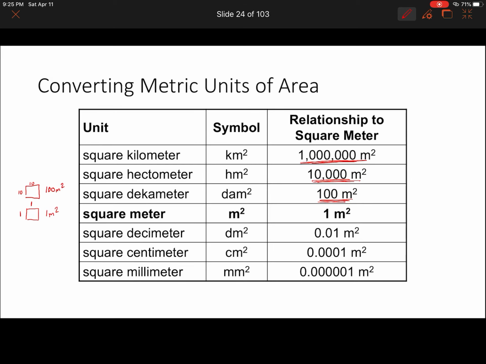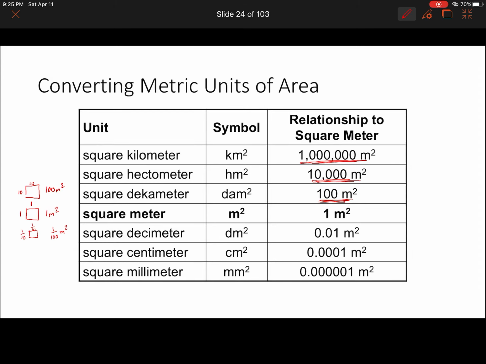If you take a tenth of a meter, so let's say our side length is a tenth on each side. Well, when you multiply a tenth times a tenth to find the area, you end up with 100th meter squared, which is the 0.01. Okay, that's 100th.